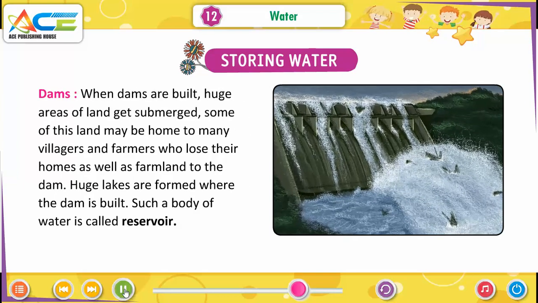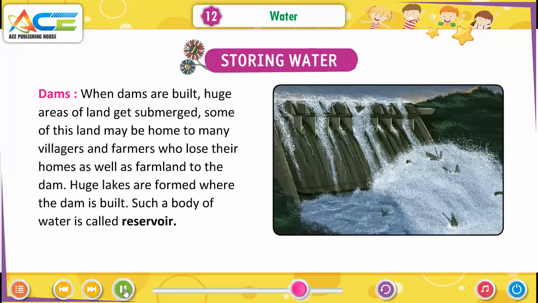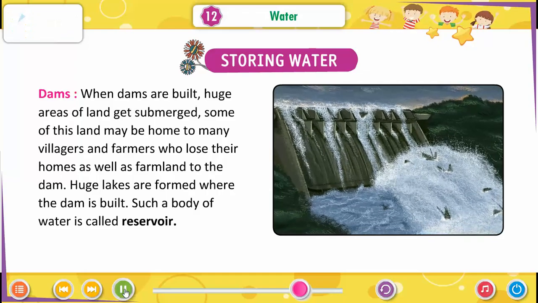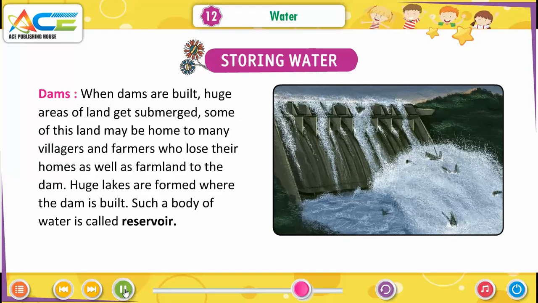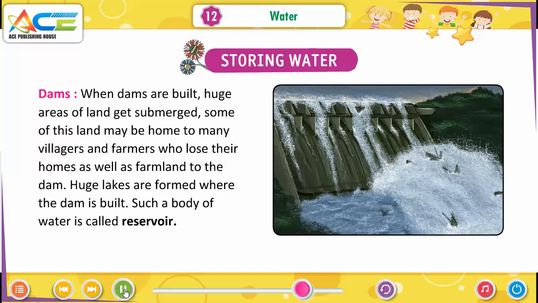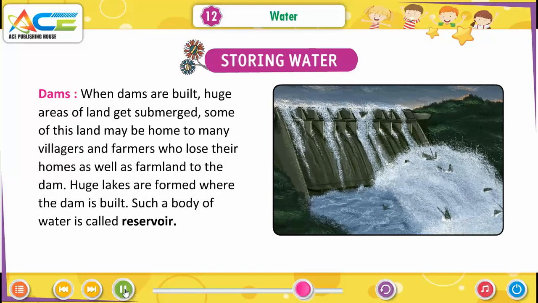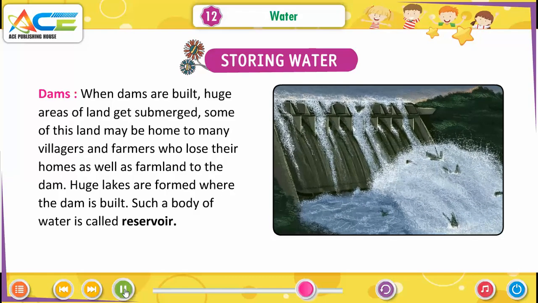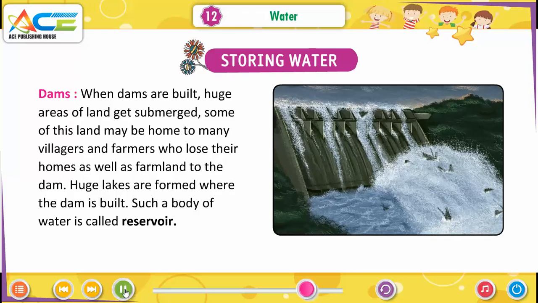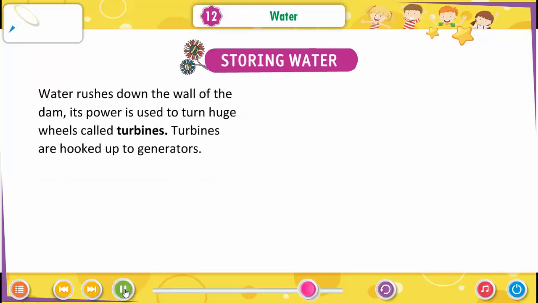When dams are built, huge areas of land get submerged. Some of this land may be home to many villagers and farmers who lose their homes as well as farmland to the dam. Huge lakes are formed where the dam is built. Such a body of water is called a reservoir.